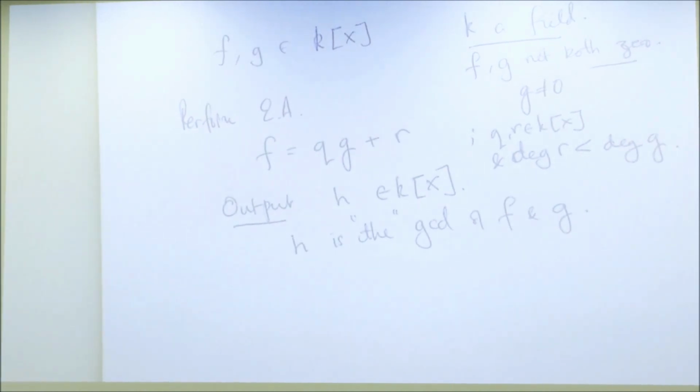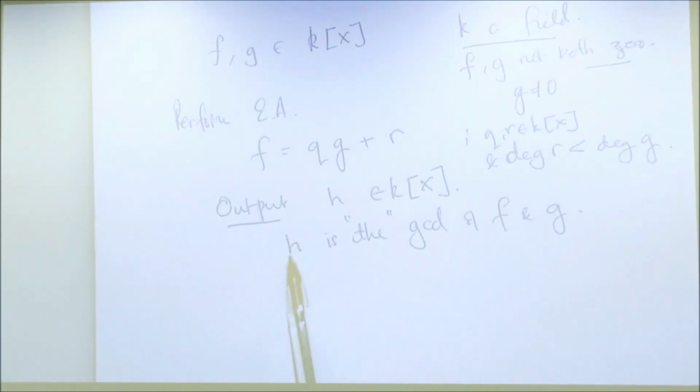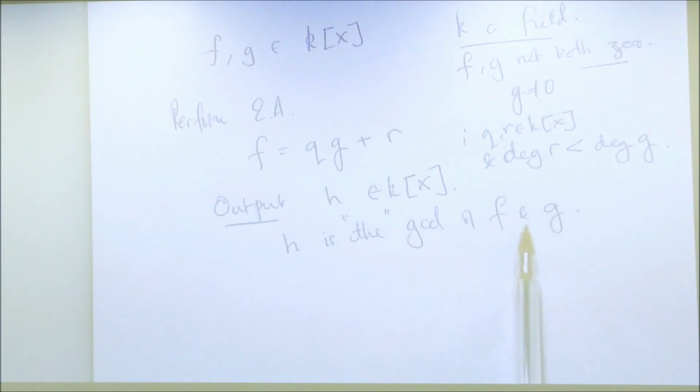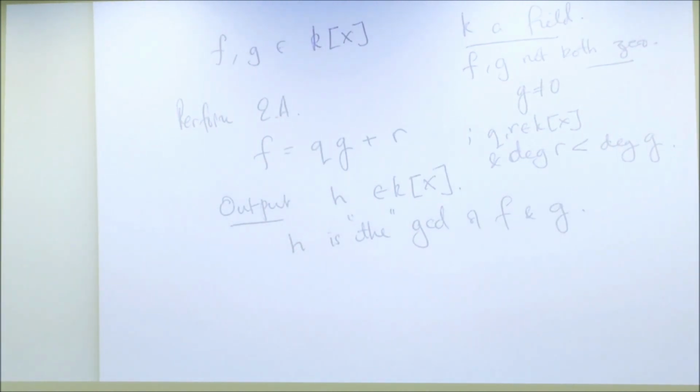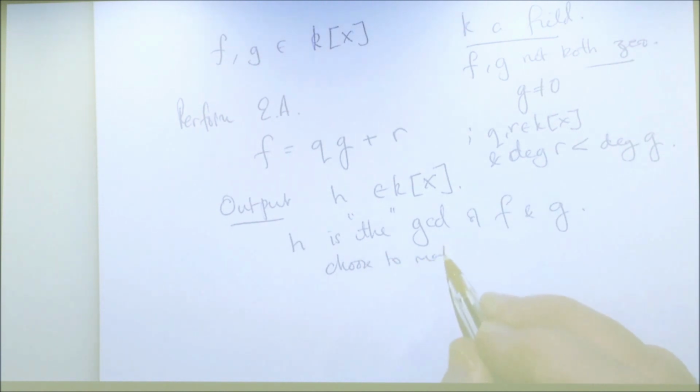If you've got a candidate for the GCD of F and G, and you multiply it by any non-zero constant from a field, you've got another polynomial which is, in some sense, just as good. So you have the option of multiplying through by the appropriate constant to make the largest power of x have coefficient 1. So you can choose to make H monic.